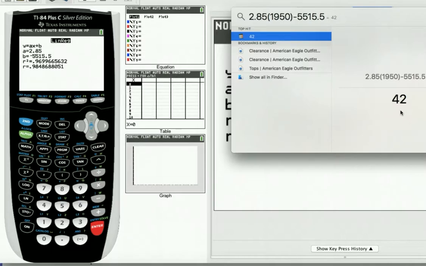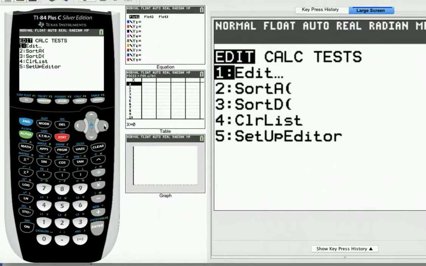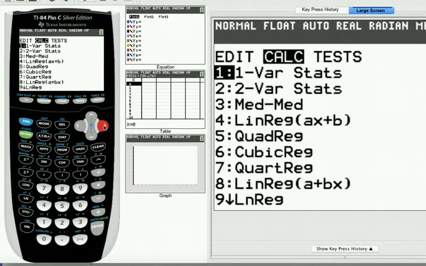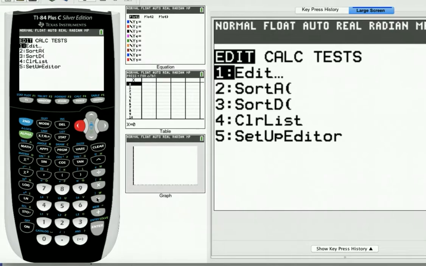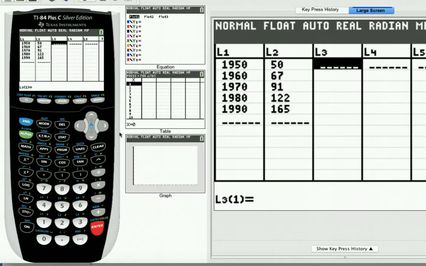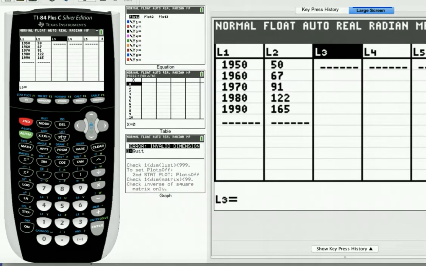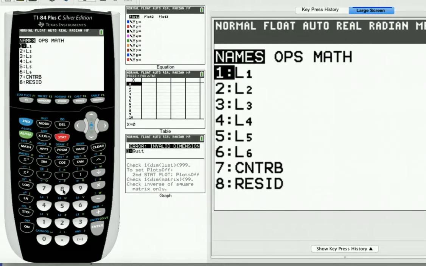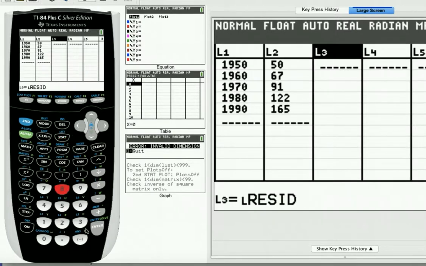Now, our actual was 50. And so if we wanted to find the residual for that, remember we take our actual and we subtract out our predicted, and we'd have 50 minus 42 to give us 8. Now, your calculator will do this for you. So we would hit stat, go to edit, go to L3, hover over L3, do second stat, and do option 8, which stands for residuals.